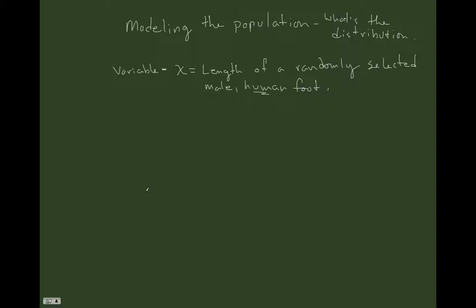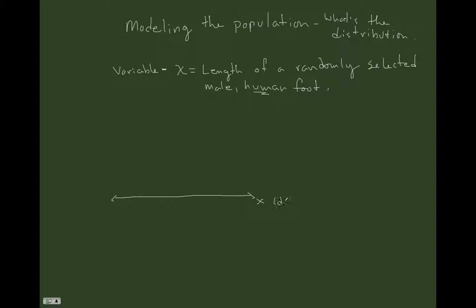And so now that I have a variable, the next natural thing to do is to draw an axis. So I'm going to draw an axis, and I'm going to label it x. Now again, thinking back to algebra, this x-axis is representing, in statistics, what we'd call the sample space.